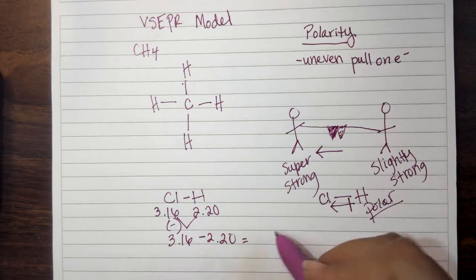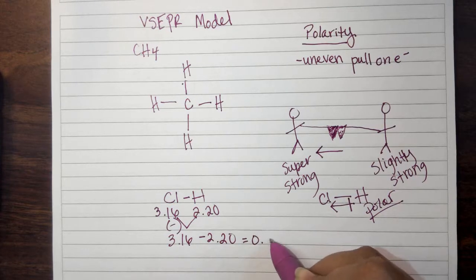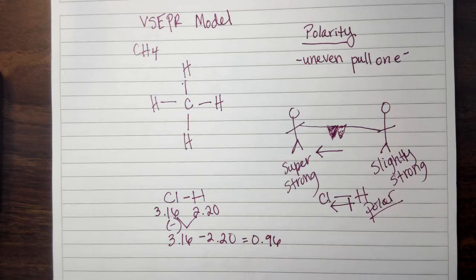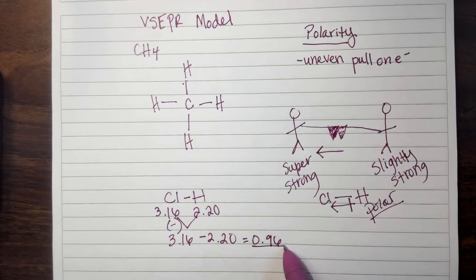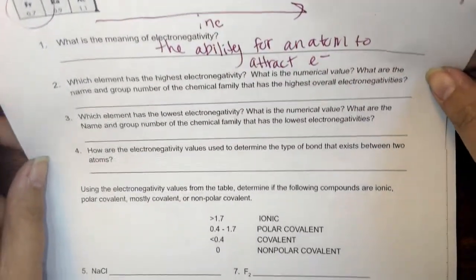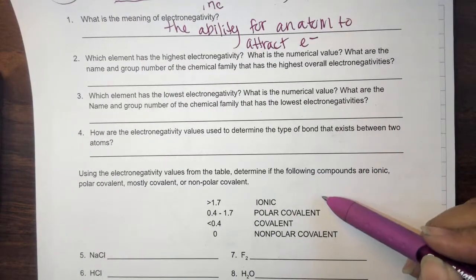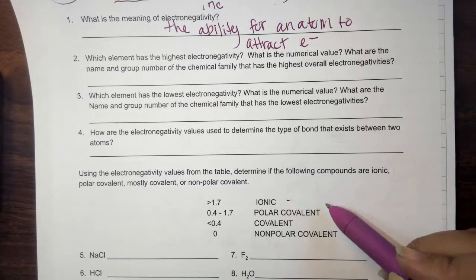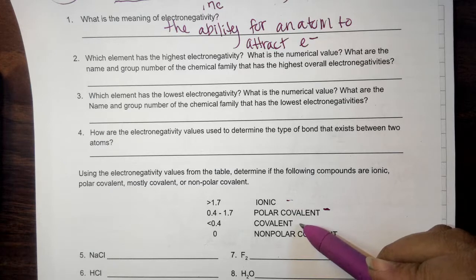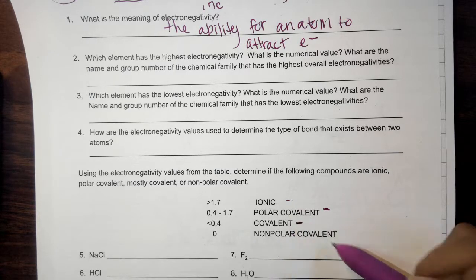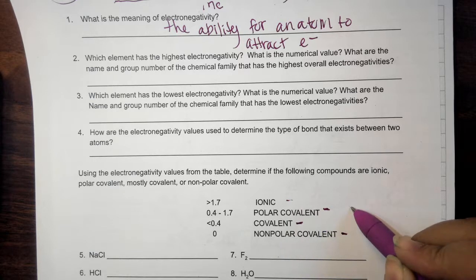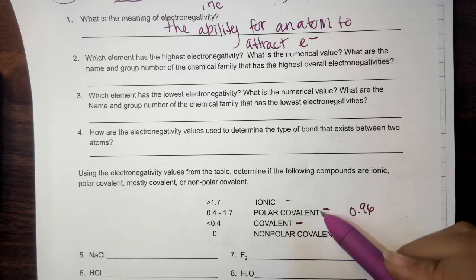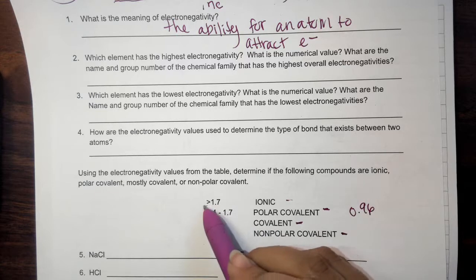So when I'm looking at this, I get about a 0.96 difference. Okay? Because of this difference, I can use another chart or organizer that tells me if something is ionic, polar covalent, or nonpolar covalent. So I look at my difference, which was 0.96, and I see that it falls right here in this range.